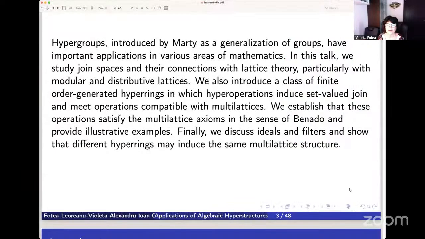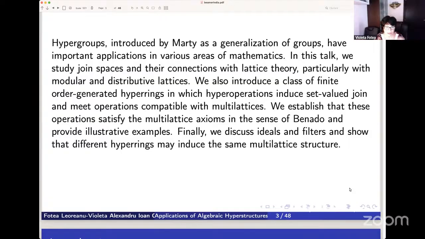In particular, I shall speak today about connections with modular and distributive lattices. In the second part, I shall present some results about a class of finite order generated hyperrings in which hyperoperations induce set-valued join and meet operations compatible with multi-lattices.